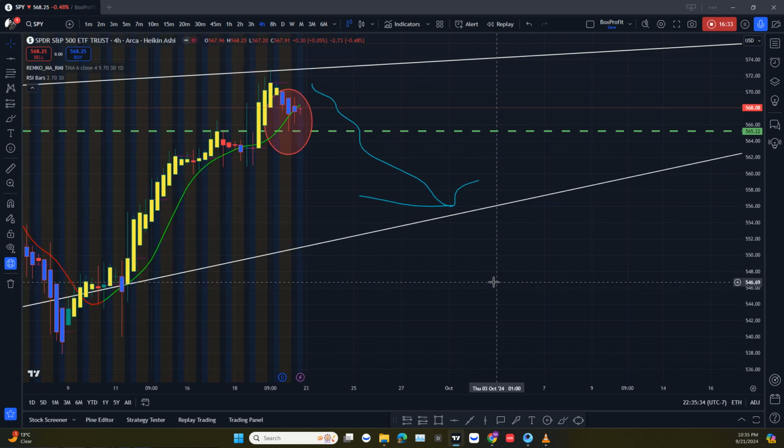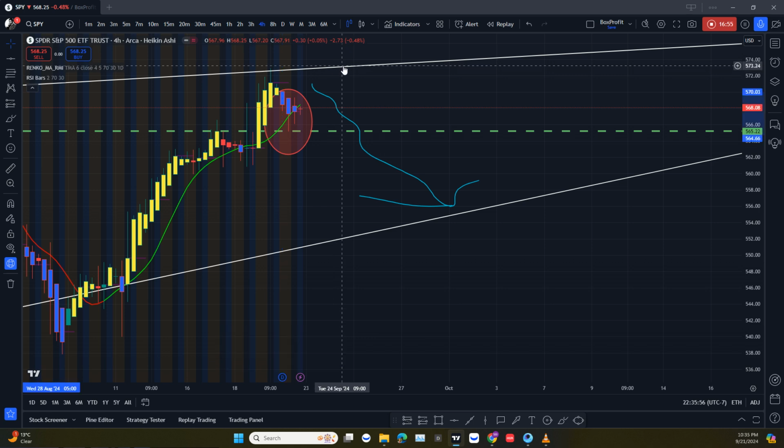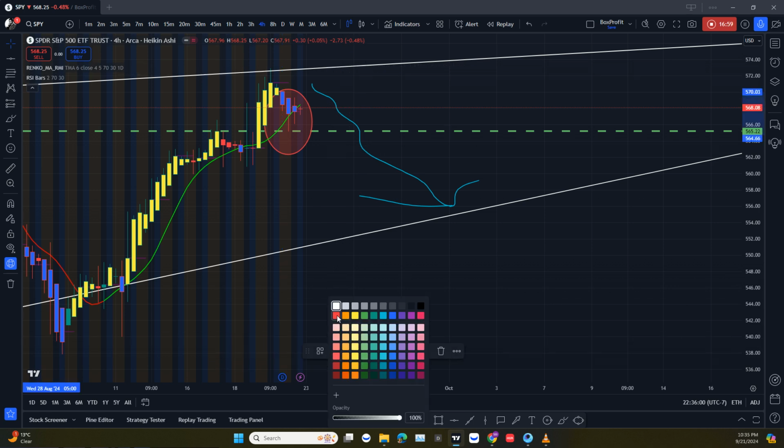But if this slight pullback that we're seeing here was primarily because of the dividends or the ex-dividends, which we saw right here, then let's watch what the next day looks like. If that next day ends up pulling up, then that means that we are going to break that white line over there, which let's make that white line a red line.